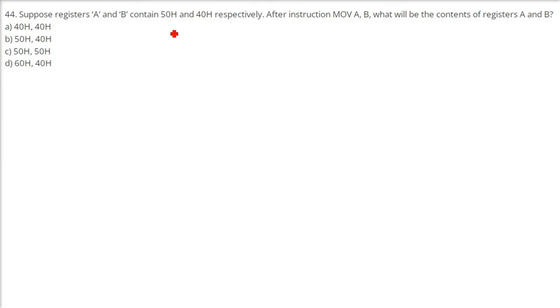Suppose registers A and B contain 50H and 40H respectively. After the instruction MOV A, B, what will be the contents of registers A and B? The move is what? MOV A, B. The content of B will be transferred to A, from source to destination.